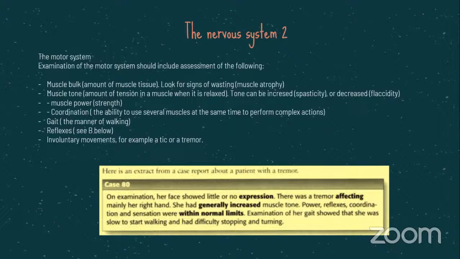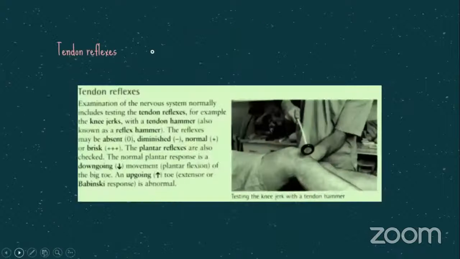Okay. Let's continue. Weimar, could you help me here? Yes, teacher. Okay, go ahead. Tendon reflexes. Examination of the nervous system normally includes testing the tendon reflexes, for example, the knee jerk with a tendon hammer, also known as a reflex hammer.